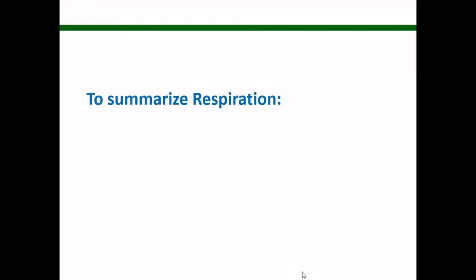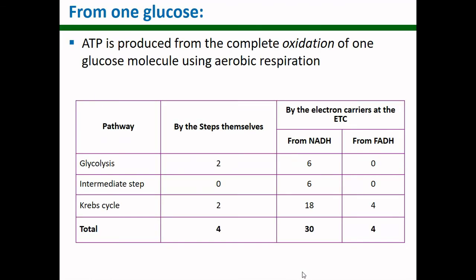All right, so let's summarize respiration. ATP gets produced from the complete oxidation of one glucose molecule. This means we're taking that one glucose molecule that the cell originally ingested, we're breaking down all of the chemical bonds, and we are using the energy from those chemical bonds to power the synthesis of ATP.